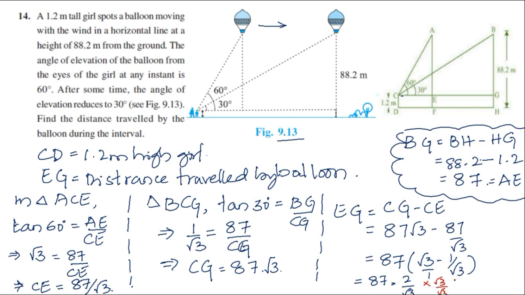We can simplify further. 3, 2 times is 6, 2 remains, 9 times is 27. So 3 multiplied to 29 gives 87. 29 multiplied to 2 is 58. So the result is 58 root 3 meters.